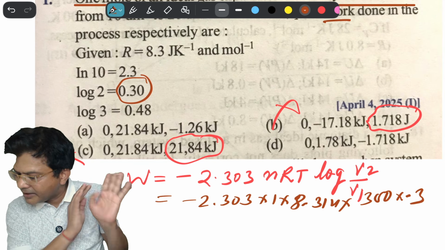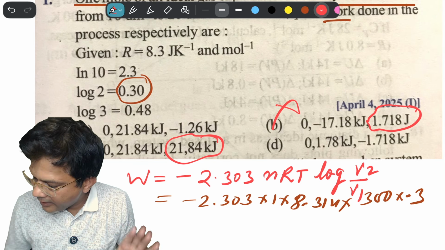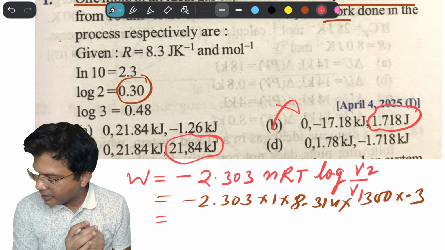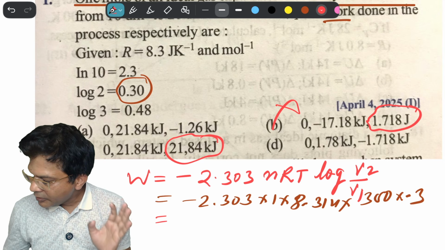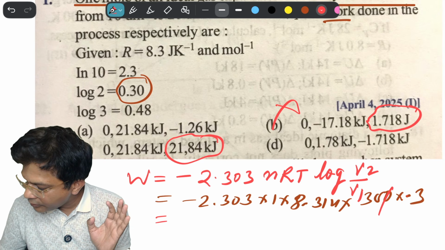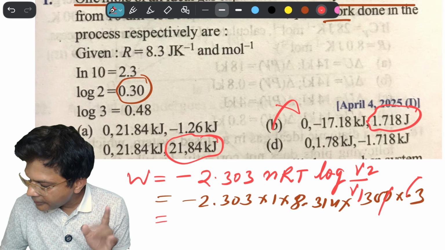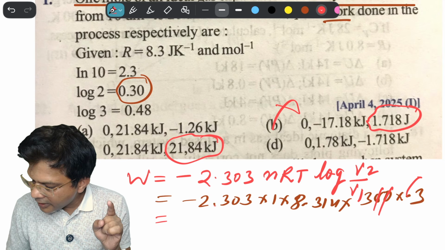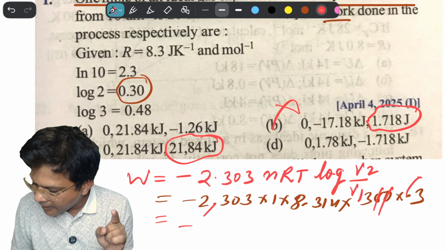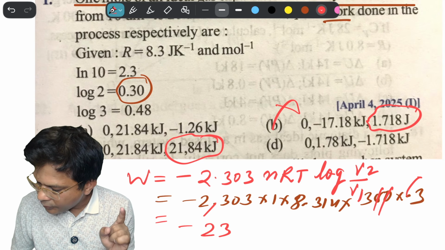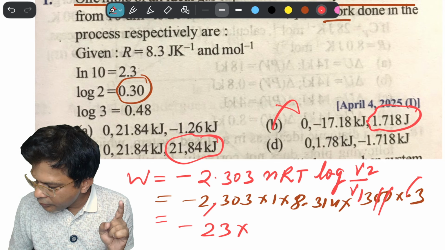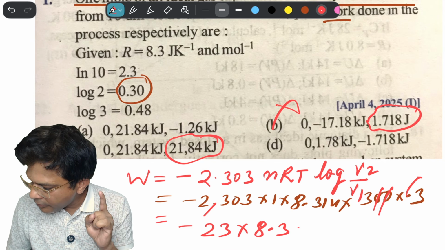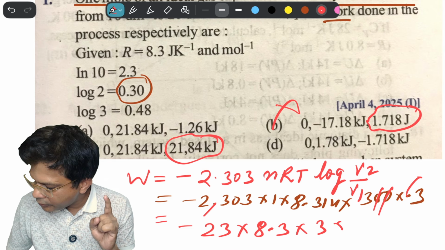Now only the mathematical part is left. What I'm supposed to do, because this calculation is coming a little bit lengthy, is give this 0 to this, 30 into 3, and this 0 to this, so it will become minus 23 into 8.3 into 3 into 3.